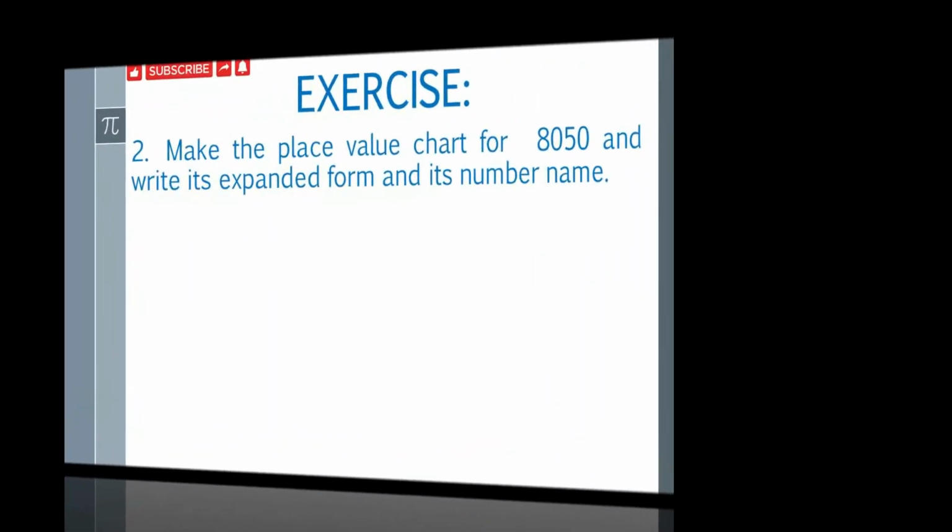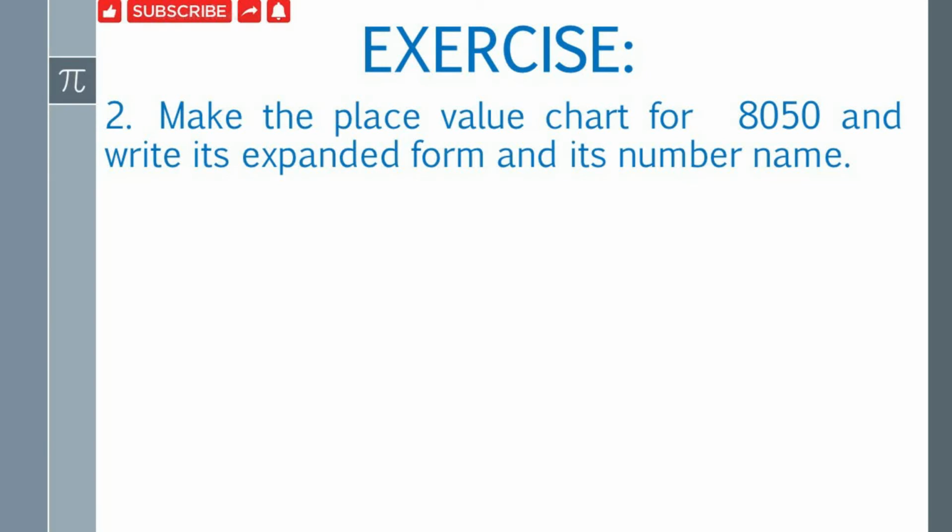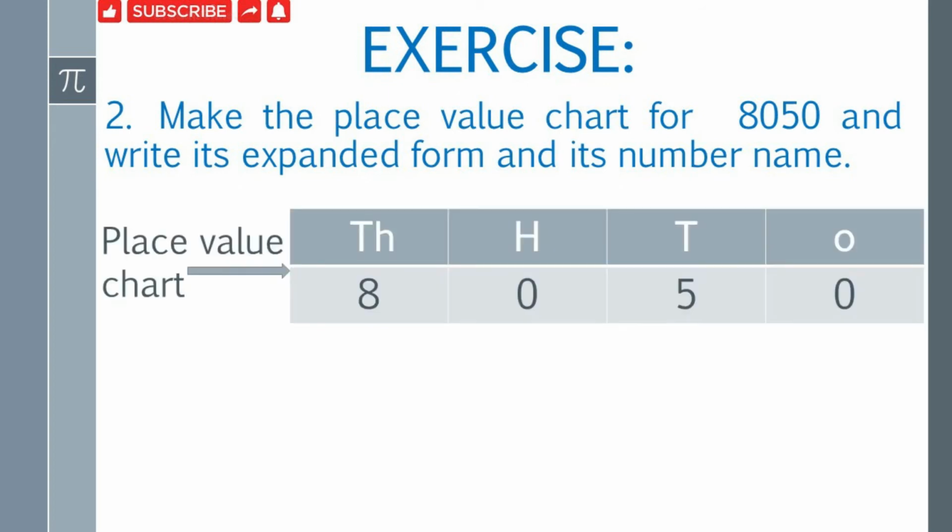Now the second question. Make the place value chart for 8050 and write its expanded form and its number name. Children, we have already discussed how to write a place value chart for the given number.